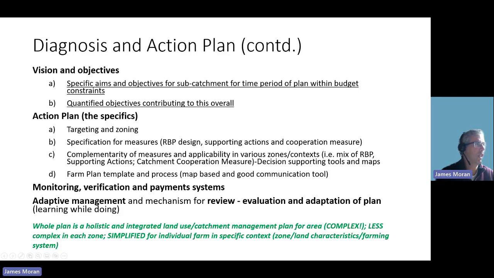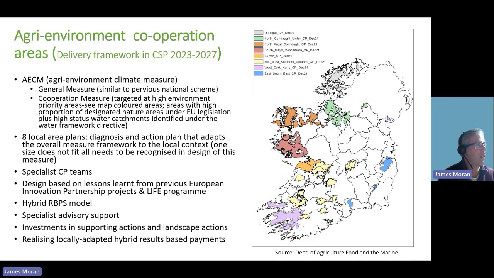So a lot of these principles have been incorporated into the agri-environment cooperation areas in particular. So we have two broad approaches within the ACRES program. We have the general measure, similar to the previous national scheme GLAS, that has enhanced some of the measures and incorporated a small number of results-based elements into it.